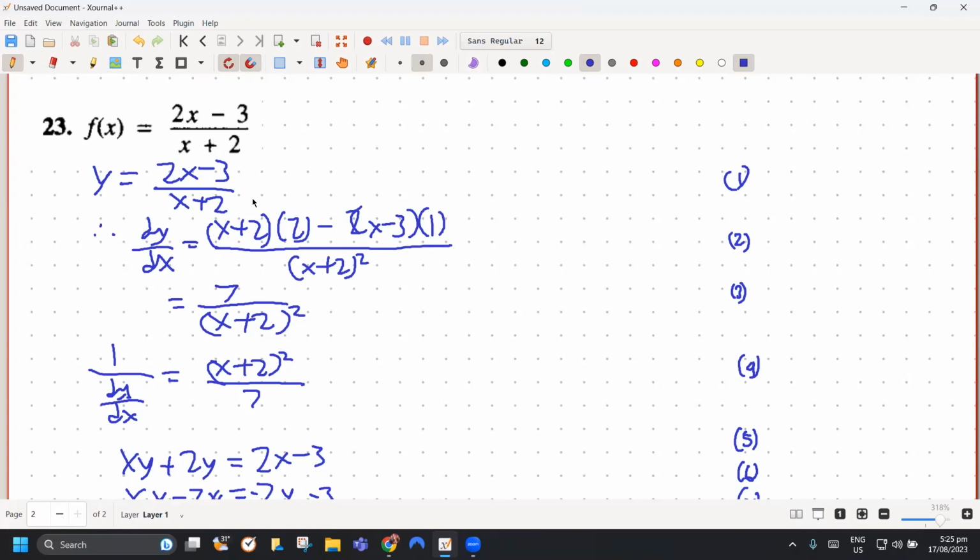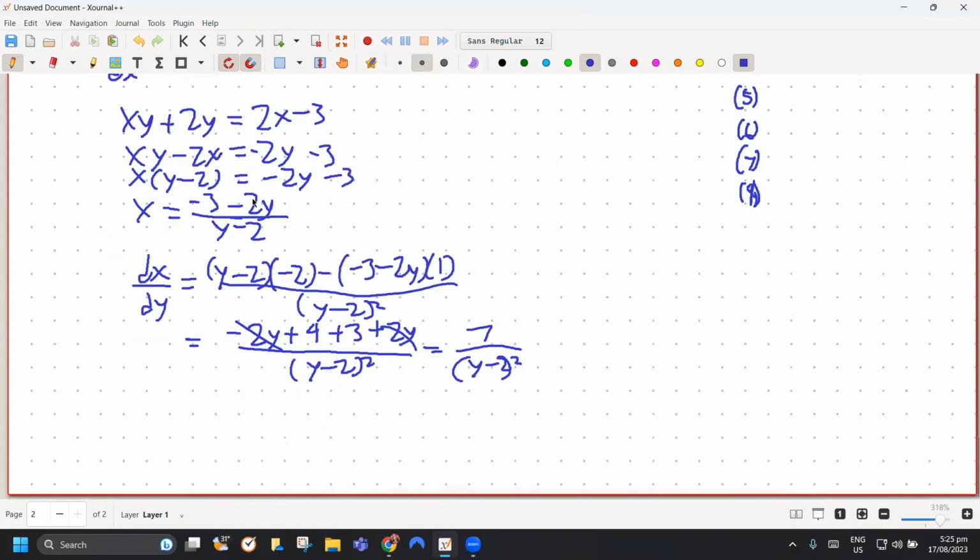Can I see it? I just want to compare. So equation 8, 9, 10. Okay, so we agree on number 10. So dx dy is that. Now, we have to show that dx dy is going to be equal to 1 over dy dx.